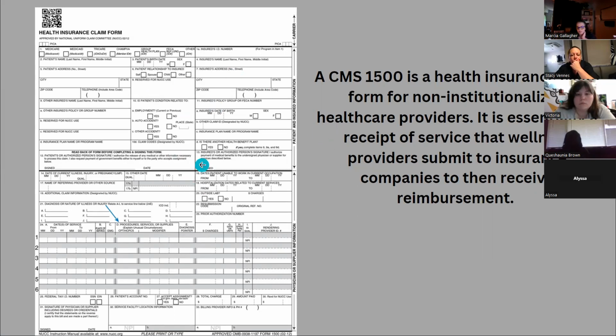So basically, this is a receipt, but it's not just a receipt. It's telling them what's your name, what's your address, what's your phone number, what's your date of birth, what's your insurance, what did you have done, and why. It's almost the same thing as what we call an encounter form or a super bill. It just gives all the same information.